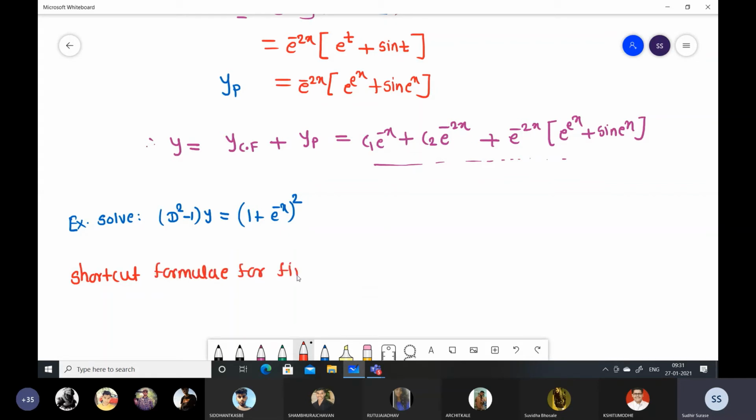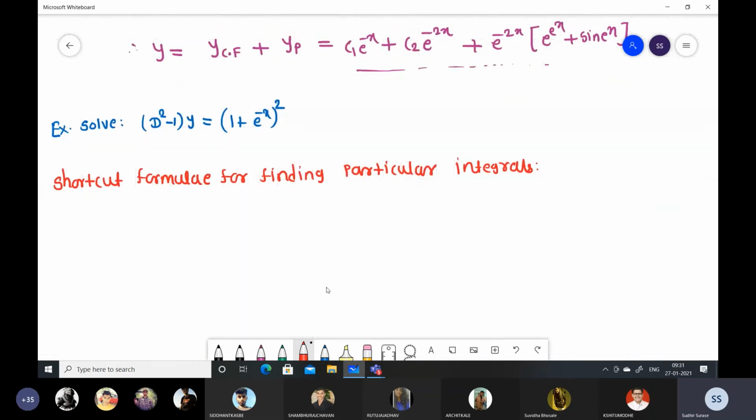for finding particular integrals. So the very first rule we have, you can treat this as a rule or a property, number 1, whatever you want.